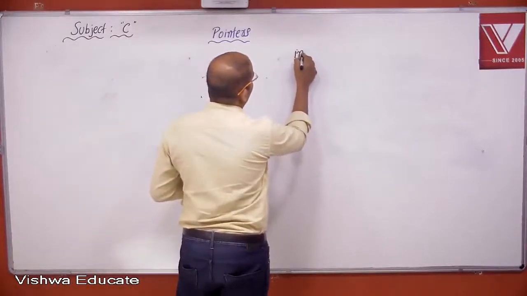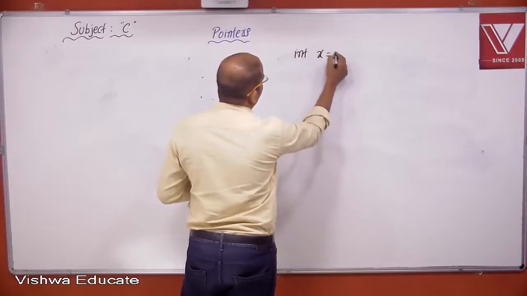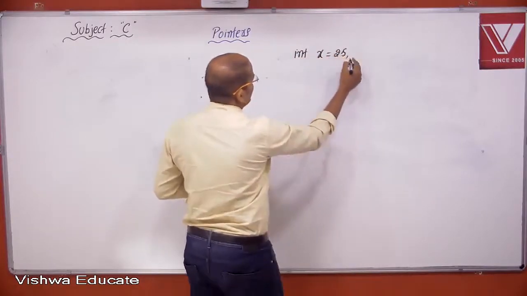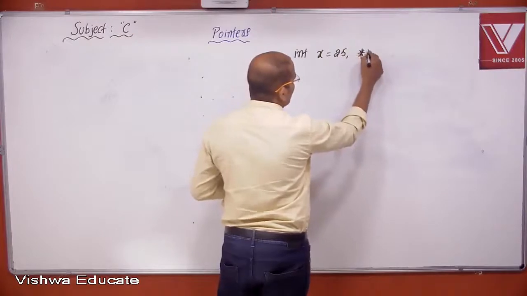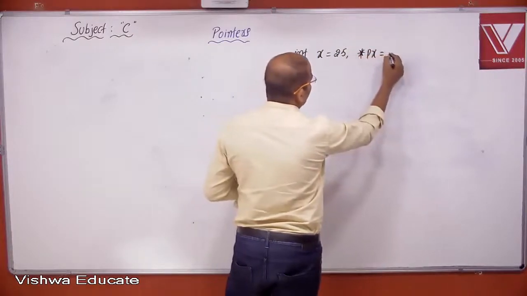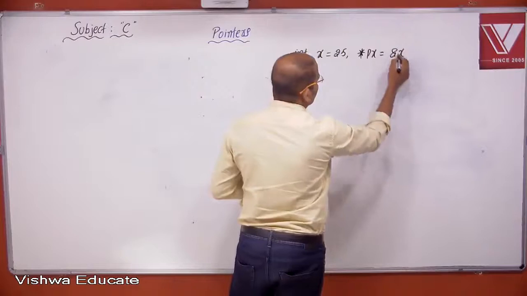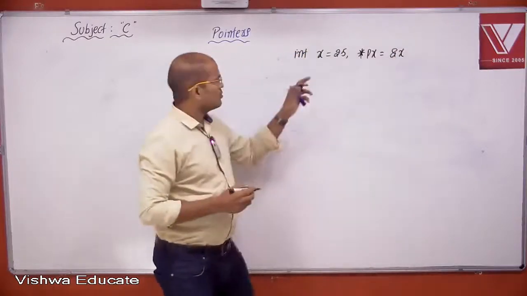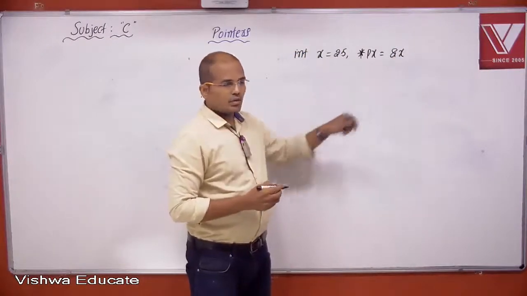Chalo. Int x is 25. Pointer px equals address of x. Initialization.